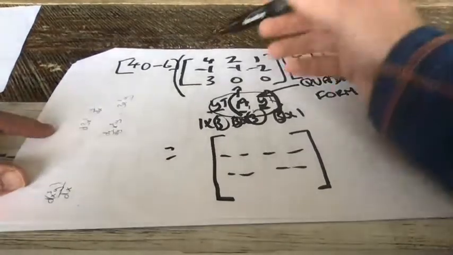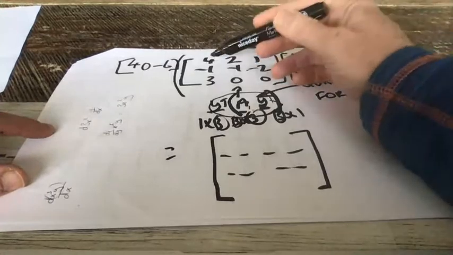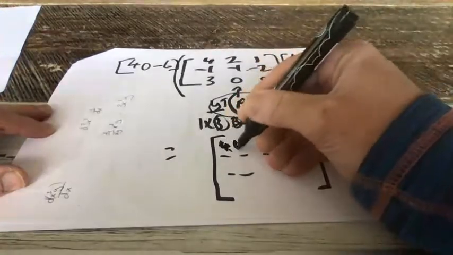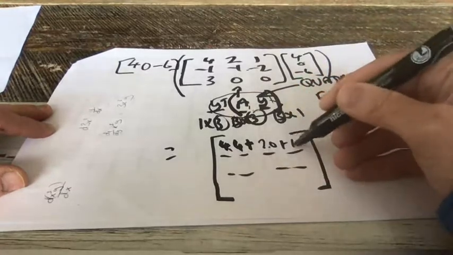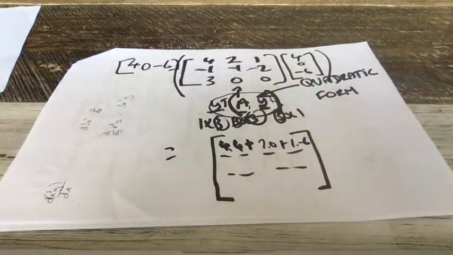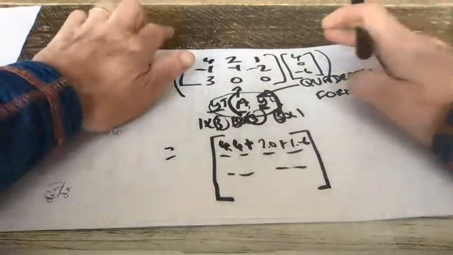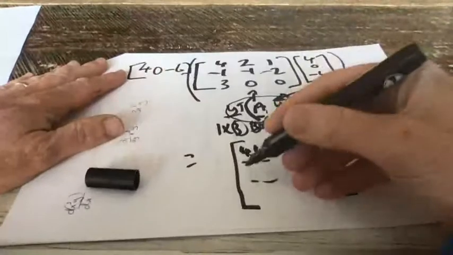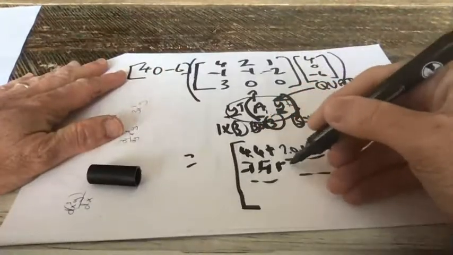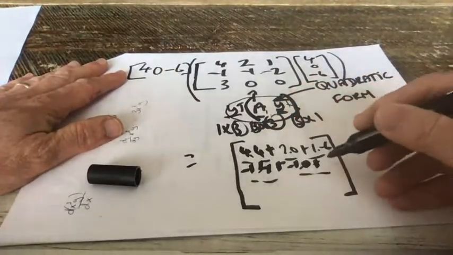And what you do then is you multiply the numbers here. So it's 4 by 4 plus 2 by 0 plus 1 by minus 6. This is just this multiplication here now. I'm multiplying A by Y. The next one then is minus 1 by 4 plus minus 1 by 0 plus minus 2 by minus 6.